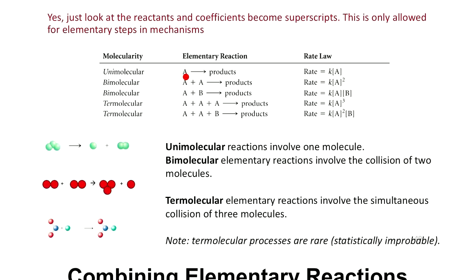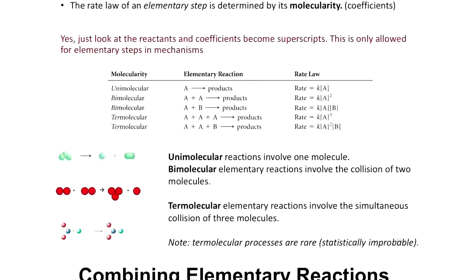Usually unimolecular or bimolecular steps are more common because the likelihood of three or four particles all colliding at the same time is very unlikely. So all three of these are common: this one's uni, this one's bi, that one's bi as well. Termolecular is not super common, and tetramolecular, you'll never see that. Four particles colliding at the same time, nah.